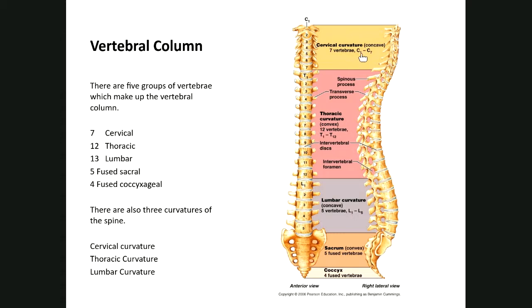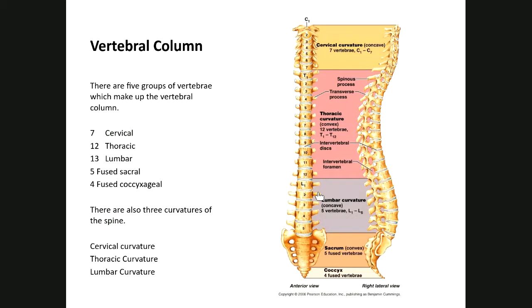They'll label it C1 through 7. The purple shaded area here is your thoracic vertebrae, and there's 12 of those, T1 through T12. So they're numbered from the top one all the way down to T12.